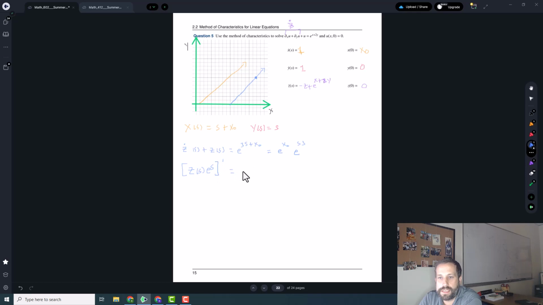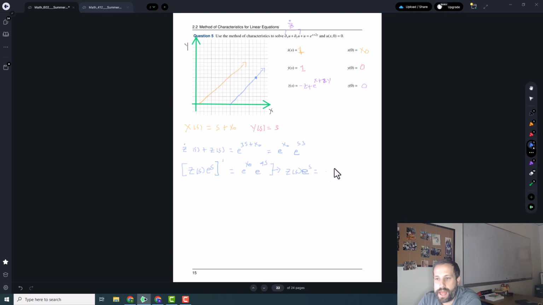And on the right-hand side, we're going to get e to the x naught, e to the 4s. And now if I anti-differentiate with respect to s, on the left-hand side, I'm going to get z of s e to the s.